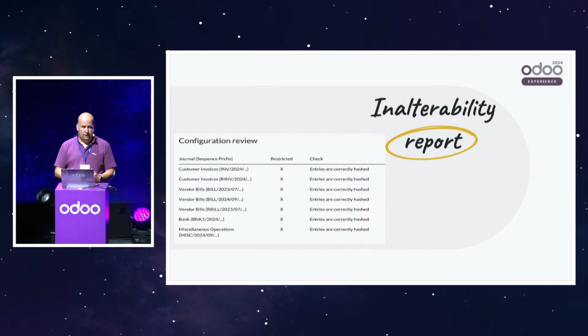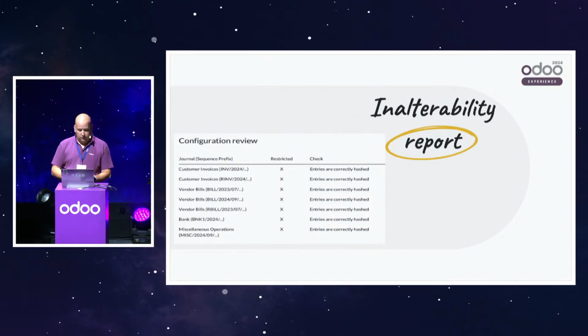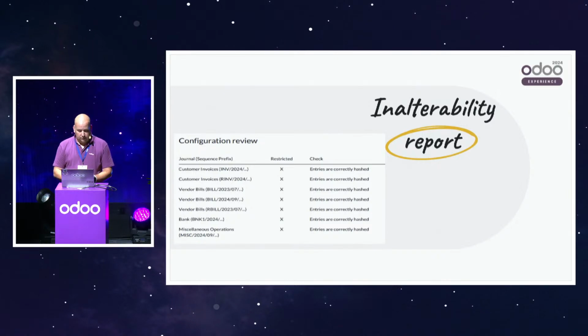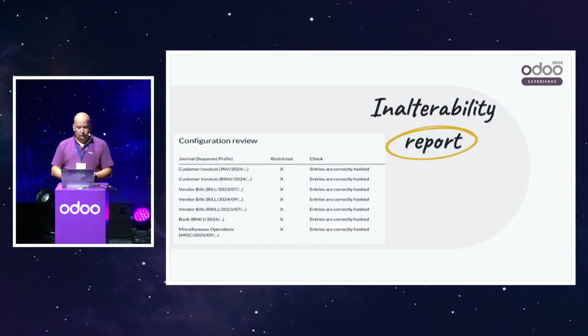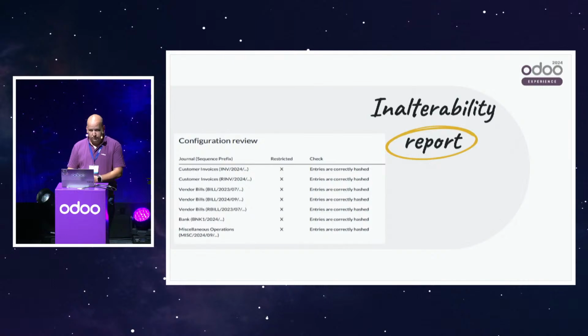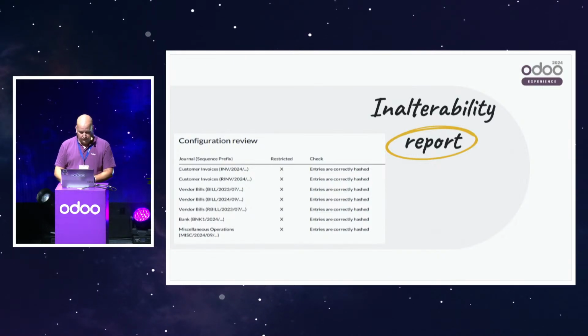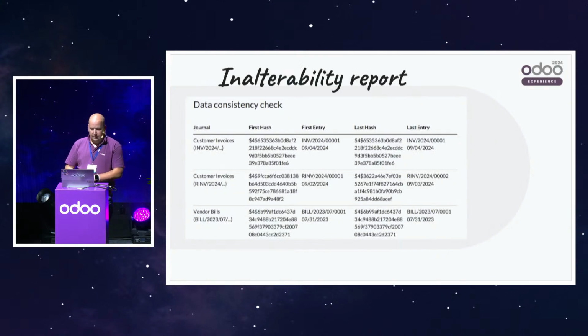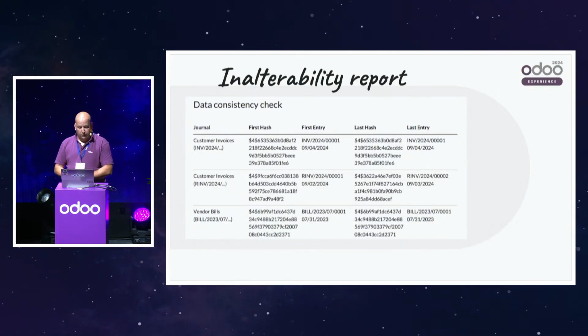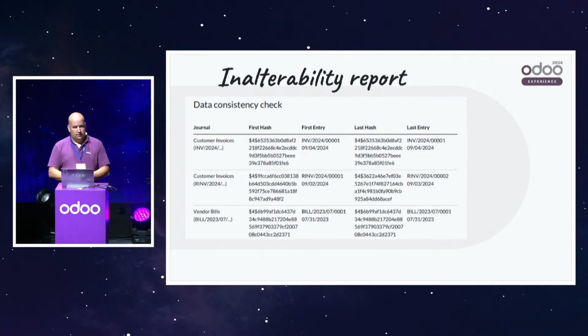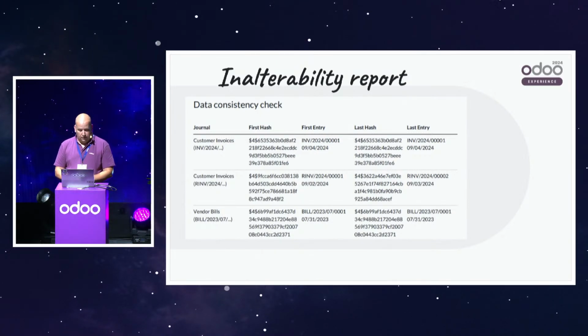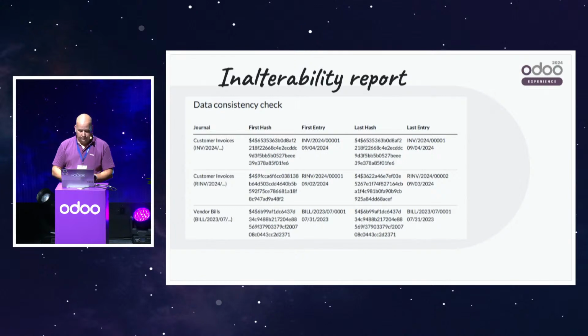So directly when you click confirm, it's directly hashed. But you have just on the side the check that says that all the entries are correctly hashed. But don't worry, if you need to use the old hash method, you can still use it. In this inalterability report, you also have the information about the first hash of the sequence and the last hash of the sequence and the prefix of every journal.